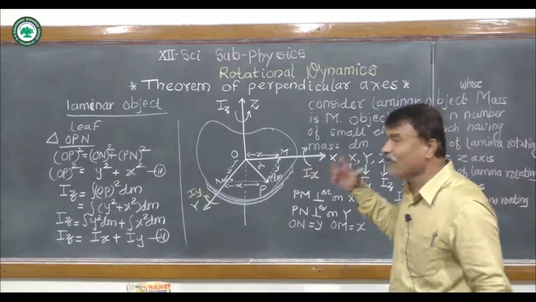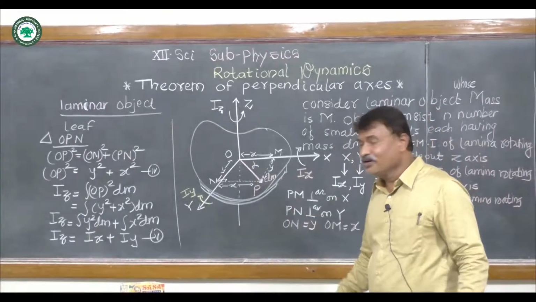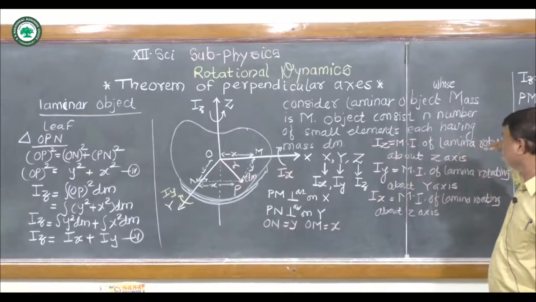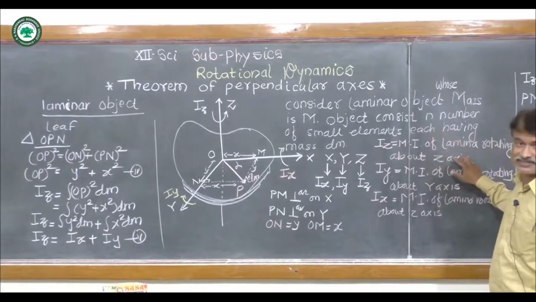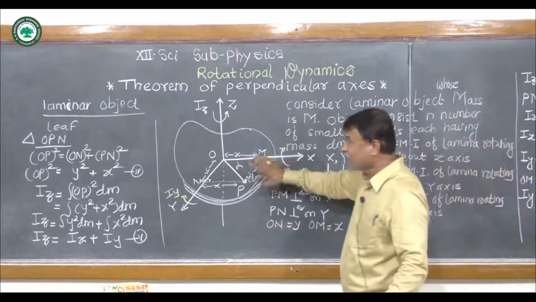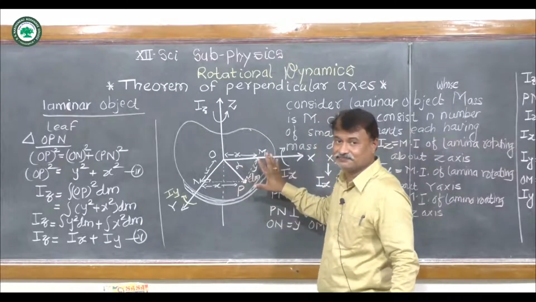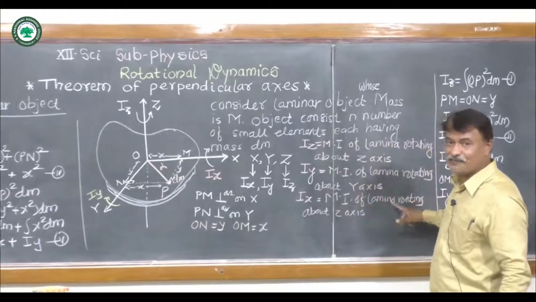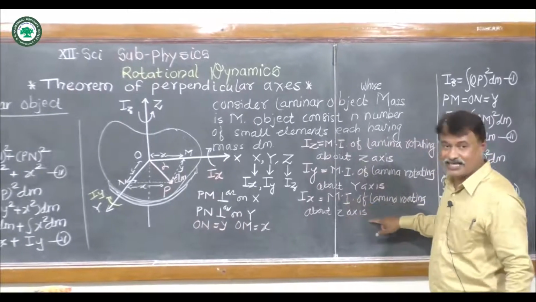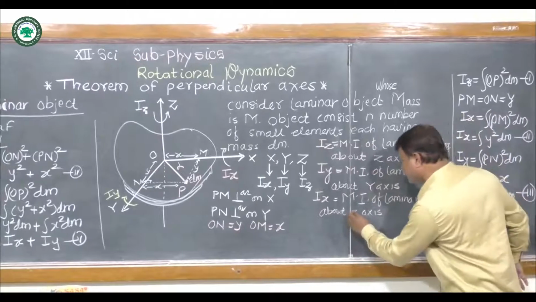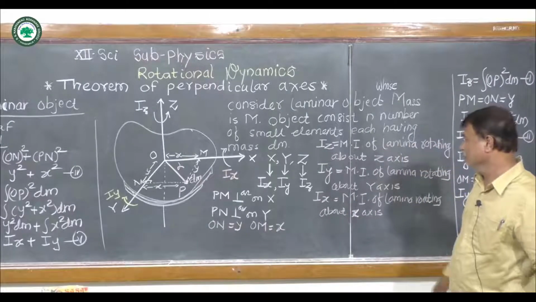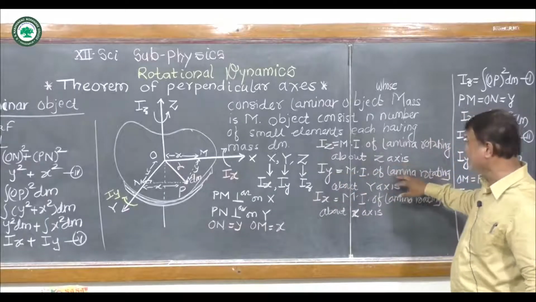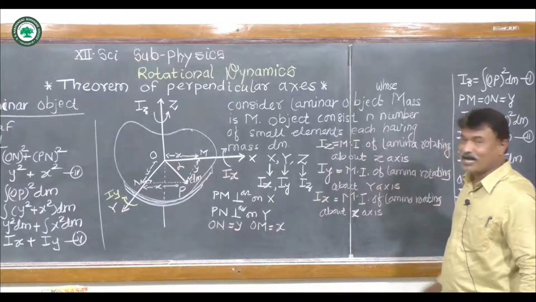Now this is the theorem of perpendicular axis. What is Iz? Iz is the moment of inertia of a plane lamina rotating about the z-axis, and the z-axis is perpendicular to the plane of the lamina. Ix is the moment of inertia of a plane lamina rotating about the x-axis. Similarly, Iy is the moment of inertia of a plane lamina rotating about the y-axis.